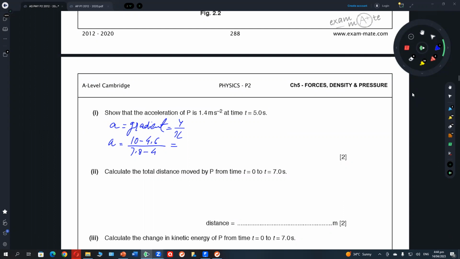Let me know if you get an answer. I'm getting 1.42. We can take it as 1.4, correct to 2 significant figures, because he's asking to show it.